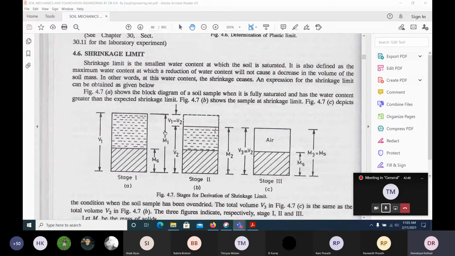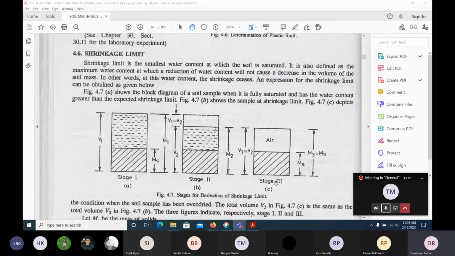The volume is reduced from V1 to V2 after drying it. This is the reduction in the volume. Is this clear up to here? Some soil is there, full of water, like a slurry form you can say. Then after drying, the water reduces and the volume is reduced.